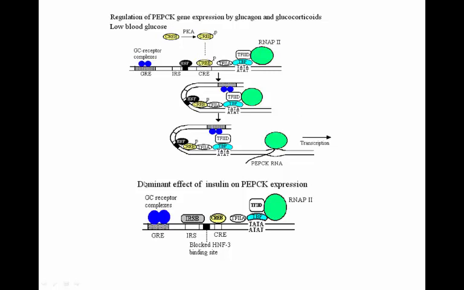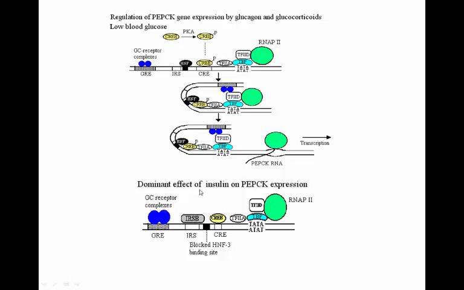And now we know that when glucose gets high, insulin inhibits the phosphoenolpyruvate carboxykinase gene and the protein. We can have high glucocorticoids. Here's the receptor binding to the GRE. We can have cyclic AMP. Here's CREB, although it's not phosphorylated. Assume it's phosphorylated. And this is called the insulin response sequence binding protein. This is the insulin response sequence.